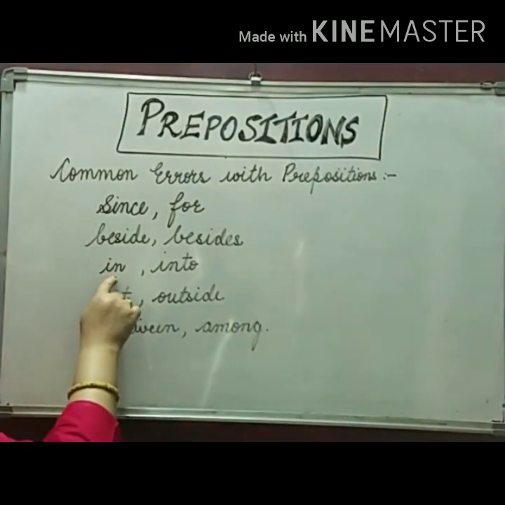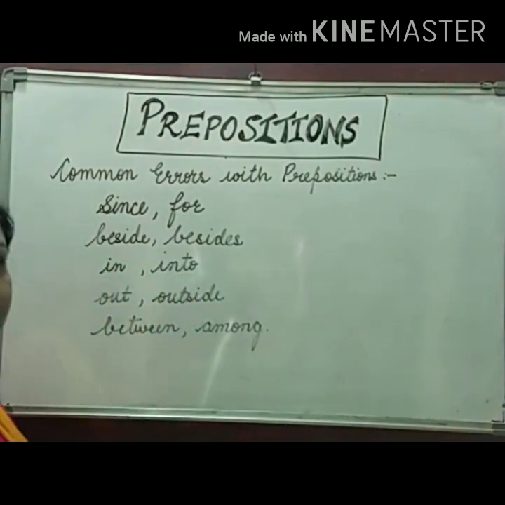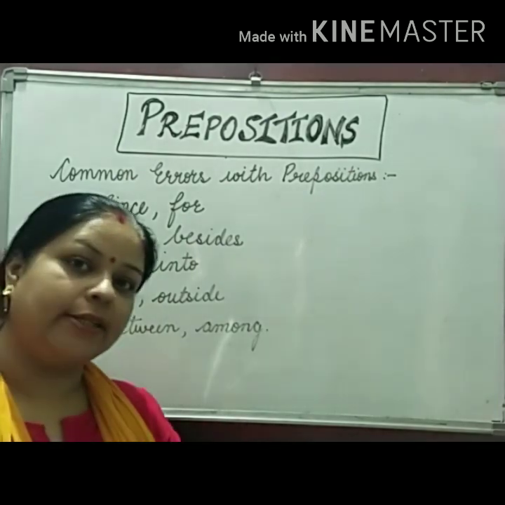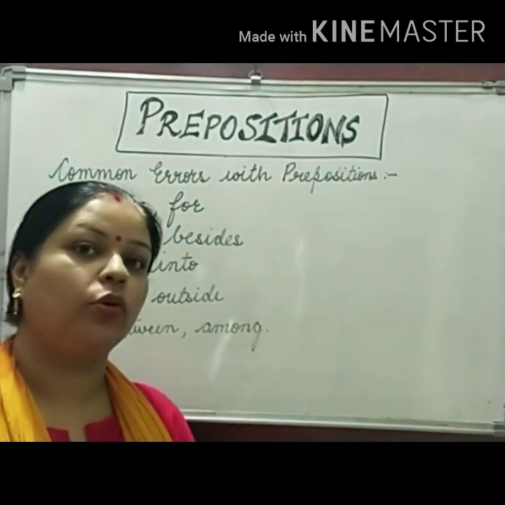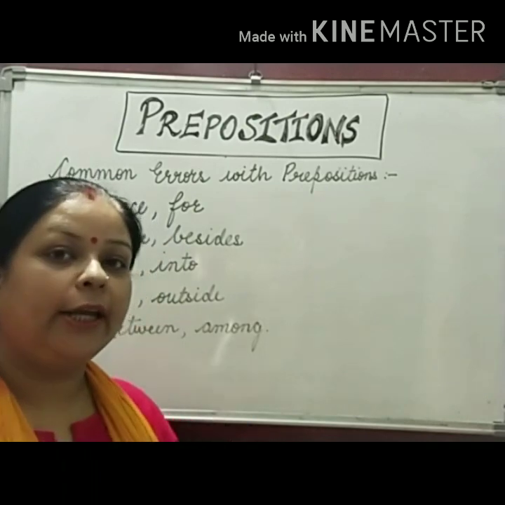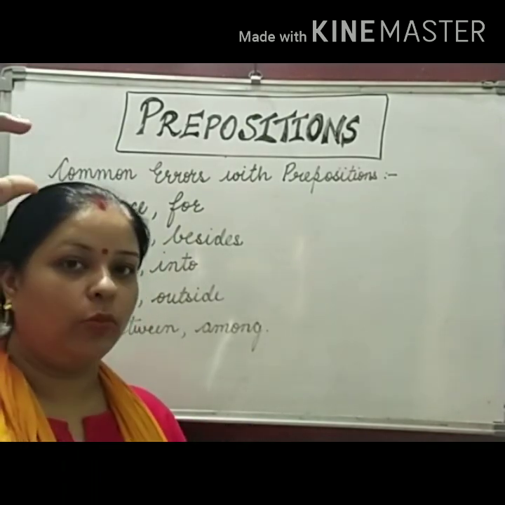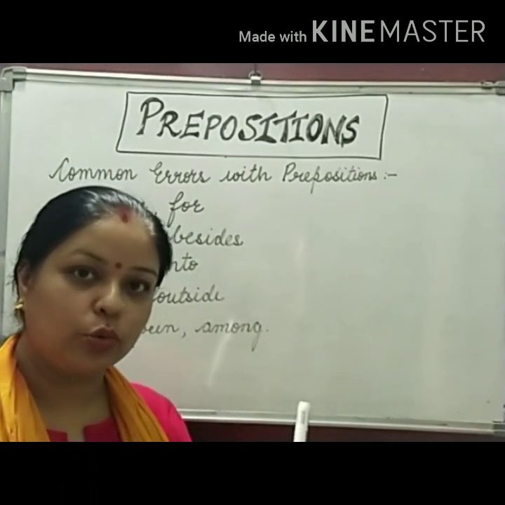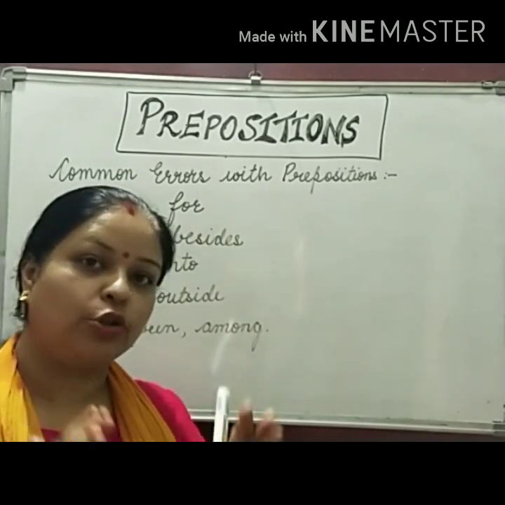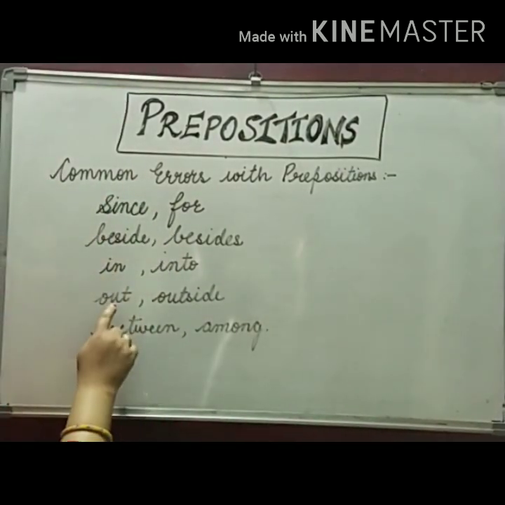Then the difference between in and into. In is used to show something that is inside, or coming inside, but into shows movement from top to bottom, into something. So it shows that difference. In the same way, out and outside have a difference.